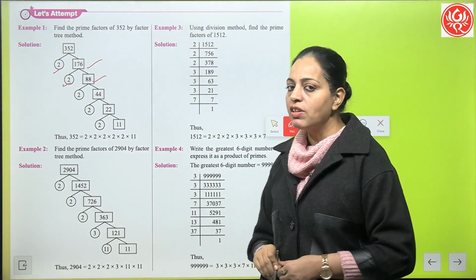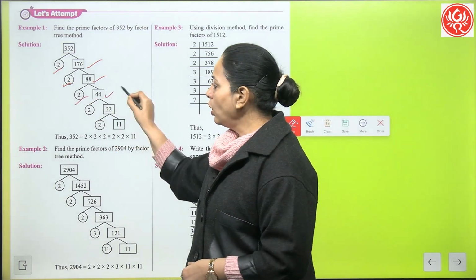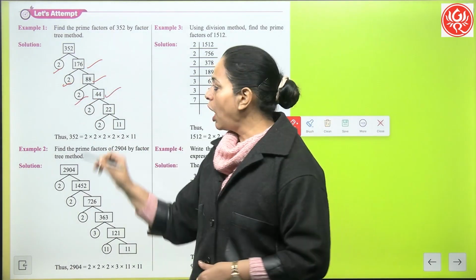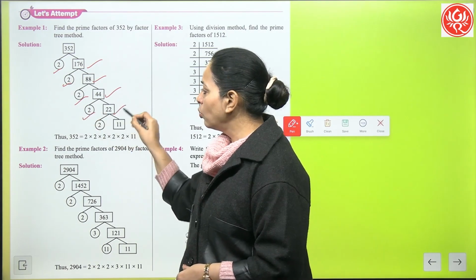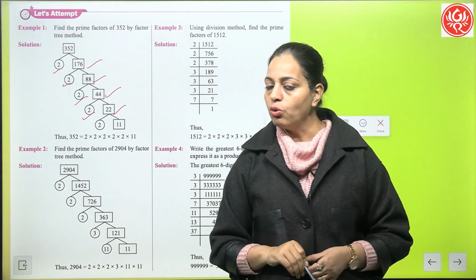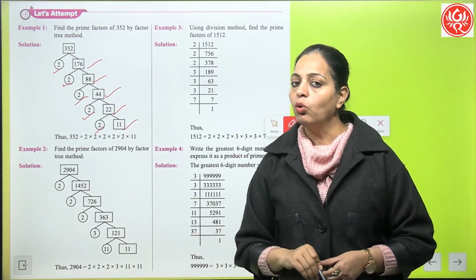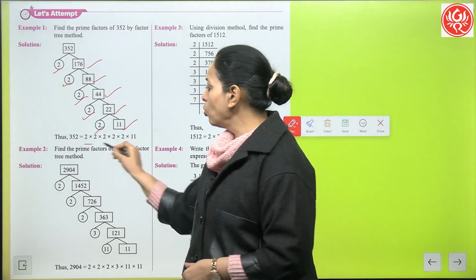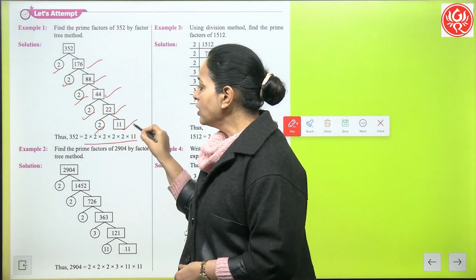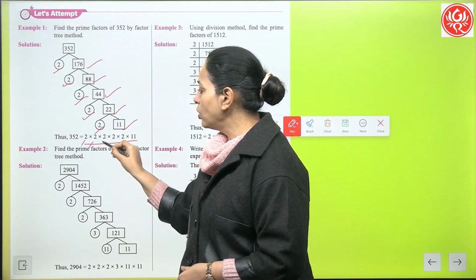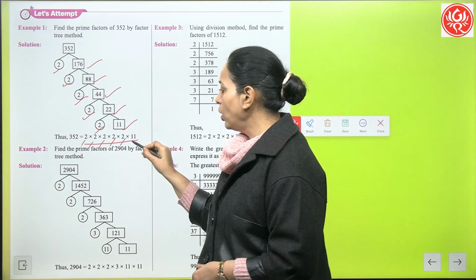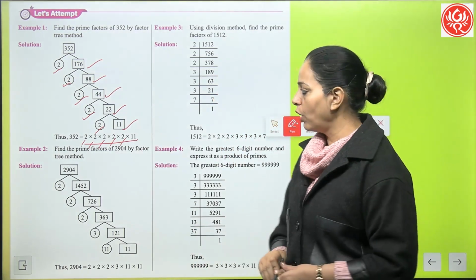Now 88 is divisible by 2, so 2 into 44. Now 44 is divisible by 2, 2 into 22. And 22 is divisible by 2, 2 into 11. So what to do? Write all these factors: 2 into 2 into 2 into 2 into 2 into 11. Okay.